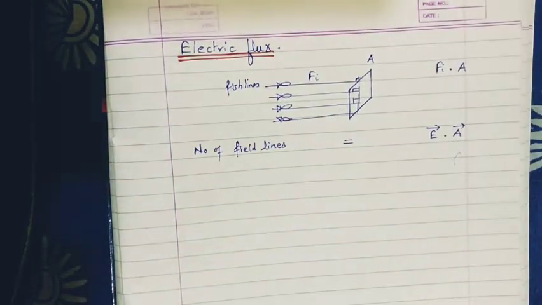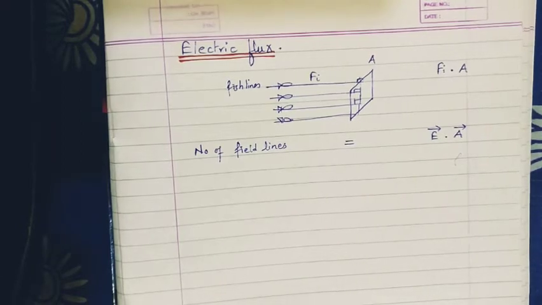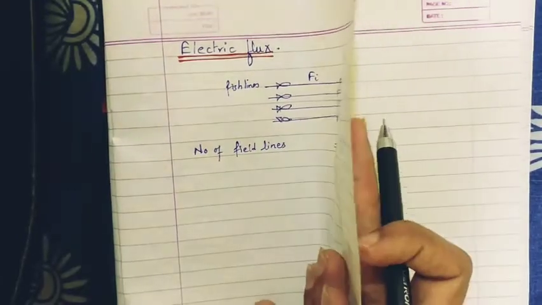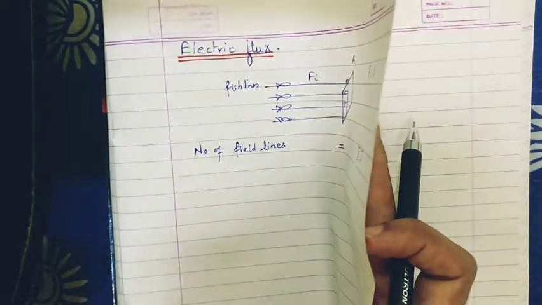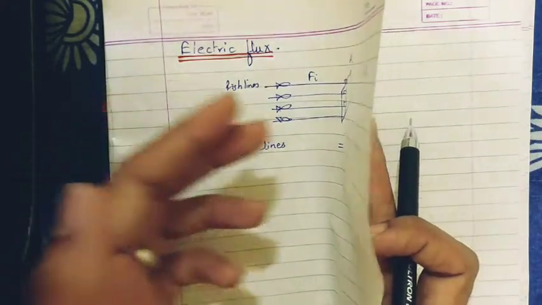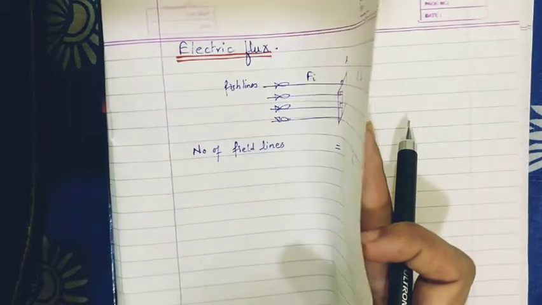As simple as that. I'll repeat again, the electric flux through a given area held inside the electric field. This is my area, I have held this area inside the electric field. So electric flux is nothing but the measure of the total number of field lines, or the lines of force, correct. Field lines are also called lines of force.